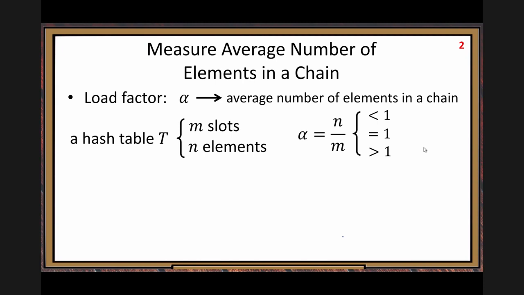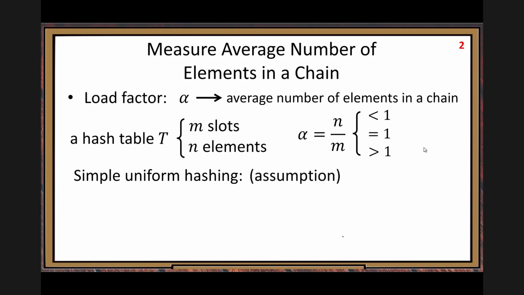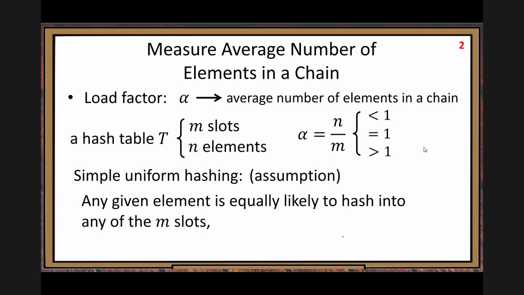All right. Simple uniform hashing assumption: any given element is equally likely to hash into any of the m slots. If there is no specific pattern, then you have this simple uniform hashing. It's like a uniform distribution.